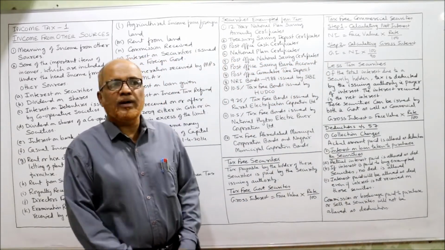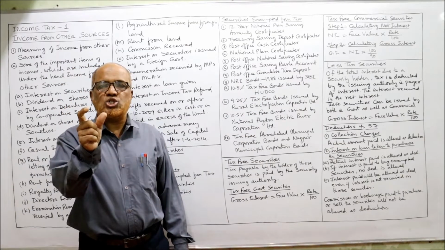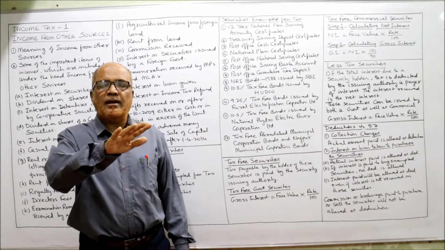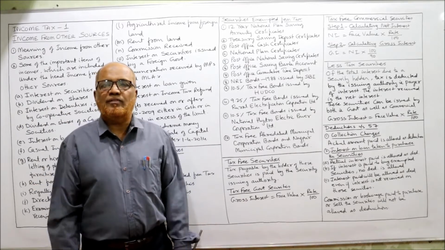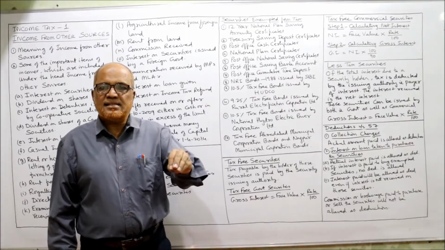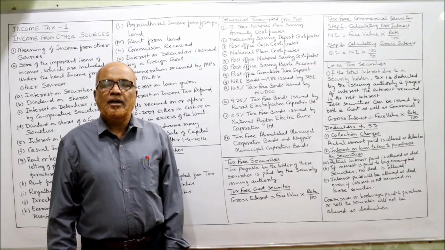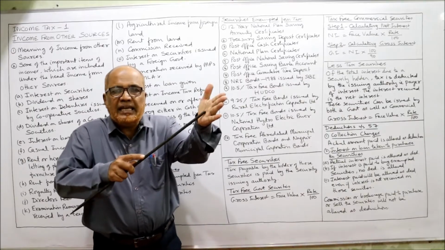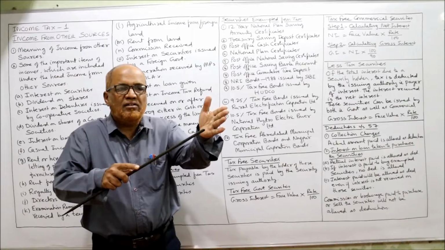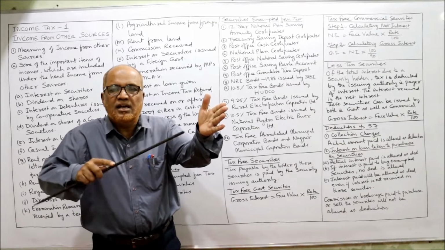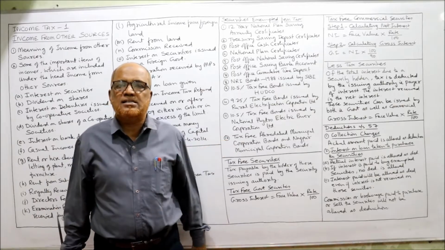First of all, securities exempted from tax means those securities on which interest is completely exempted, not at all included in the income of the assessee. The Income Tax Act has given the list of securities such that if the assessee has invested in these securities, the interest received thereon is completely exempted.